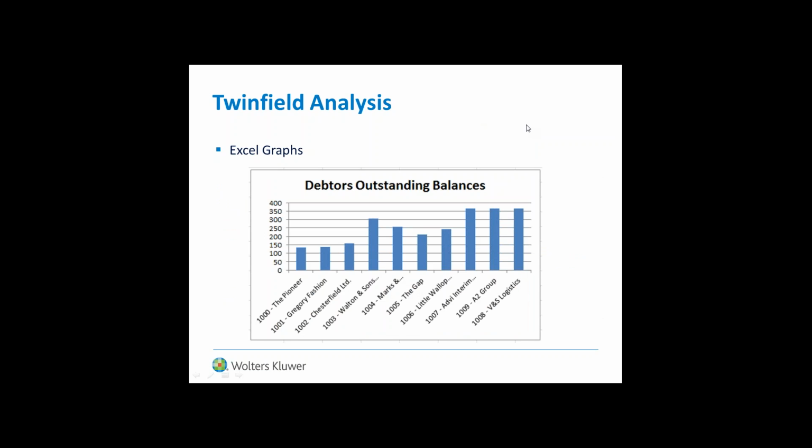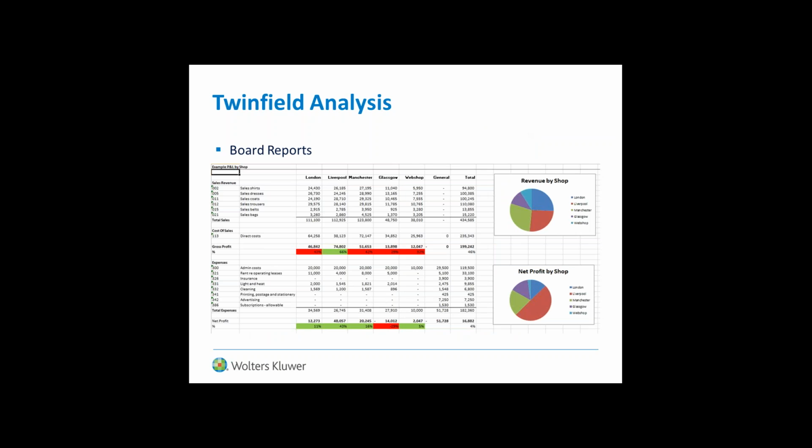A simple graph here of outstanding balances by customer, or maybe a more complex report, which is some sort of board type report, which shows profit and loss by location with some graphical pie charts as well that can be presented at a board level. At the end of the day, with Twinfield analysis, you can do pretty much whatever you want.